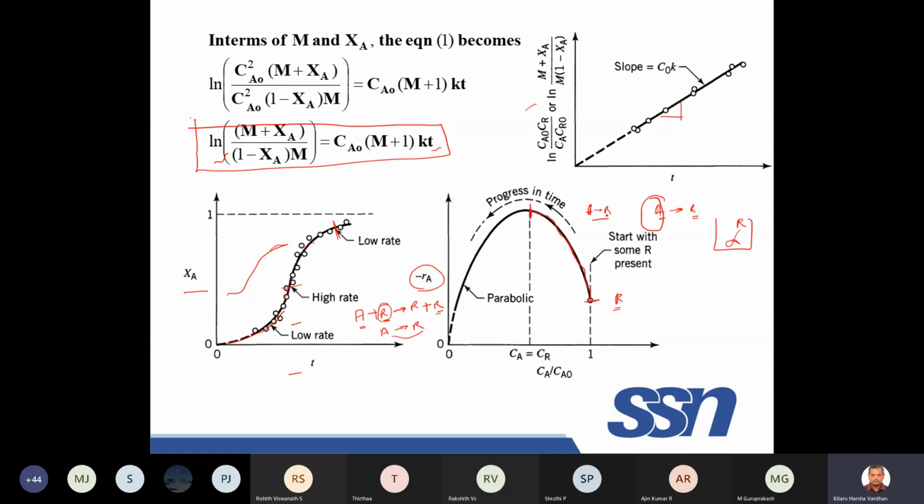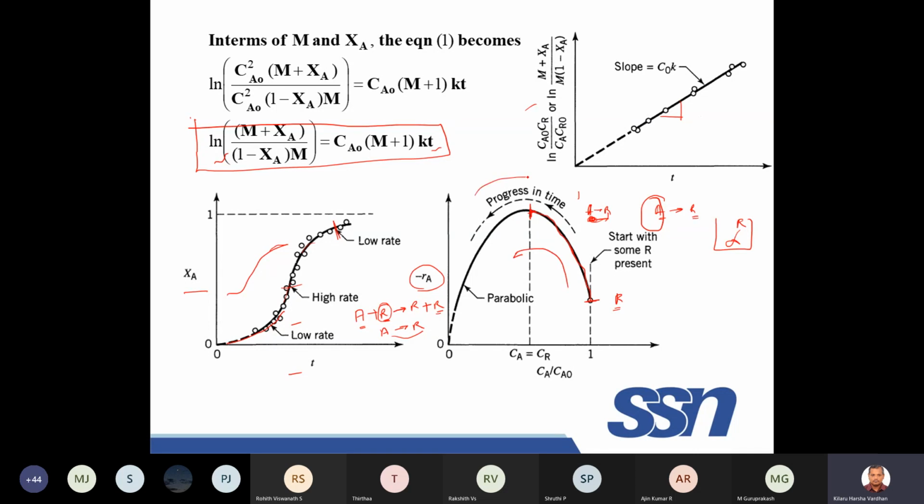Initially it is increasing because R is formed, therefore more product is formed. Afterwards, with progress in time, since R is formed, the amount of A is less, therefore the rate decreases.